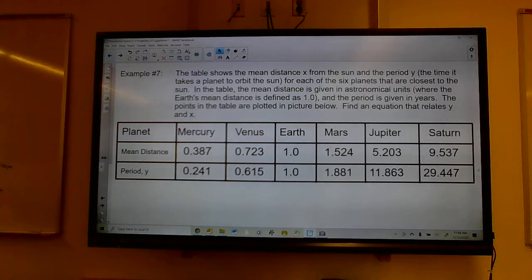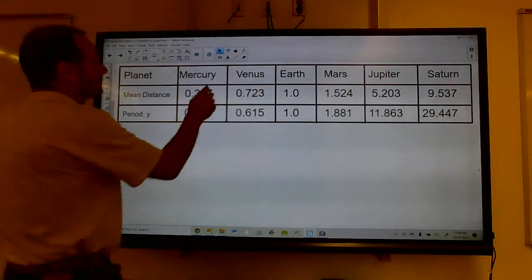All right. So, if you try to just graph these, where you have the mean distance on the x-axis and the period on the y-axis, you get something that looks like this.